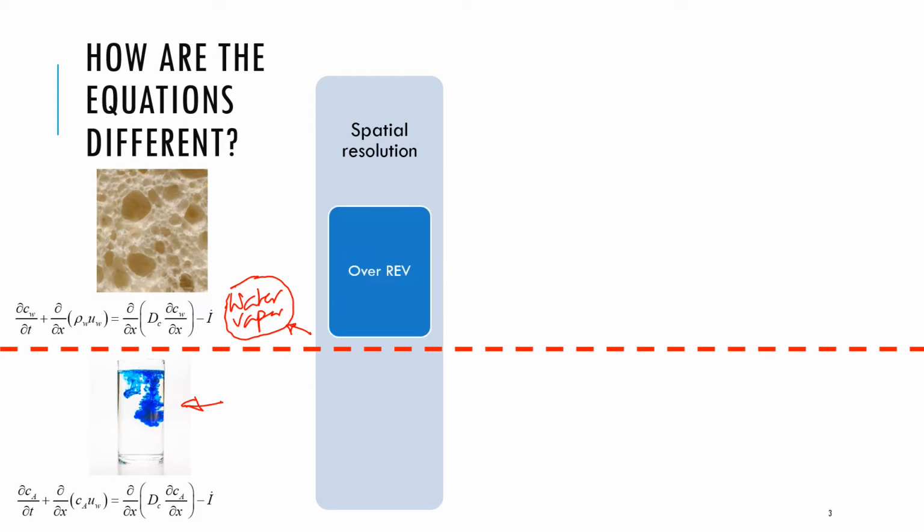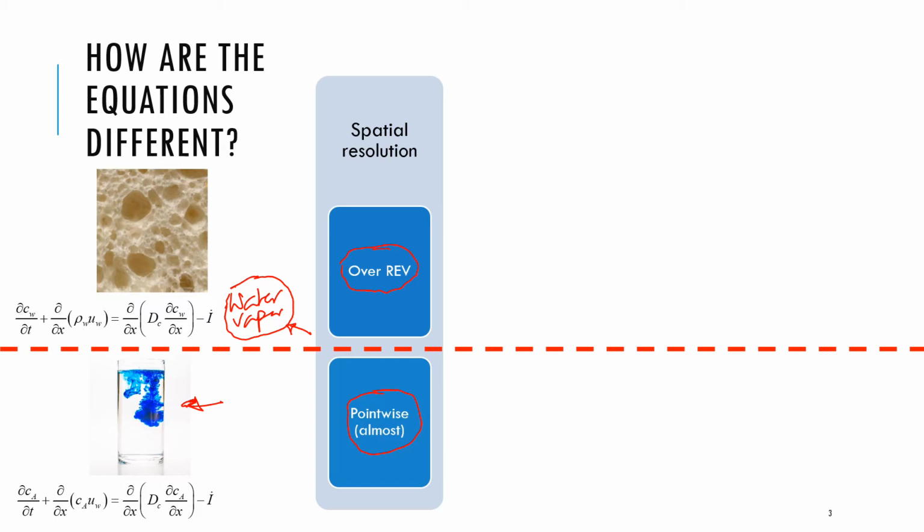The first one is spatial averaging. They're both averaged, but the continuum equations that we normally deal with are averaged over pretty much molecular distances, whereas the porous media equations are averaged over a representative elementary volume, which is a much larger distance.